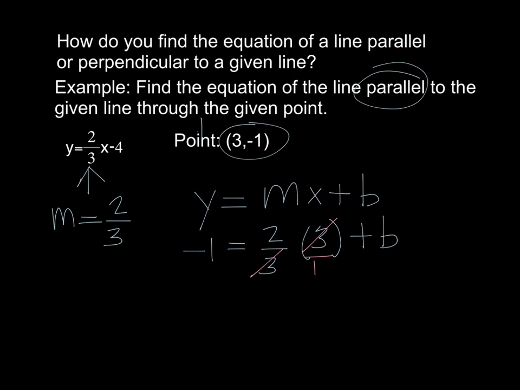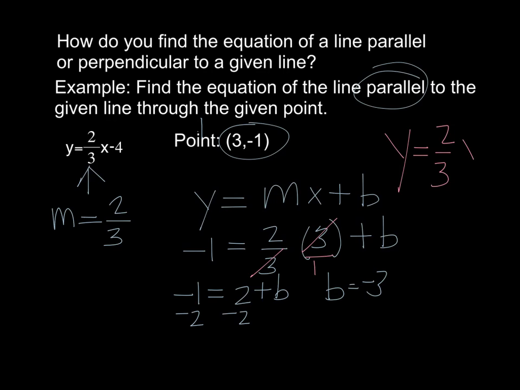So we have -1 equals 2 plus b. And if I subtract 2 from each side, I get b equals -3. And then putting that together, for our final result, we're going to get y equals 2/3 x minus 3.